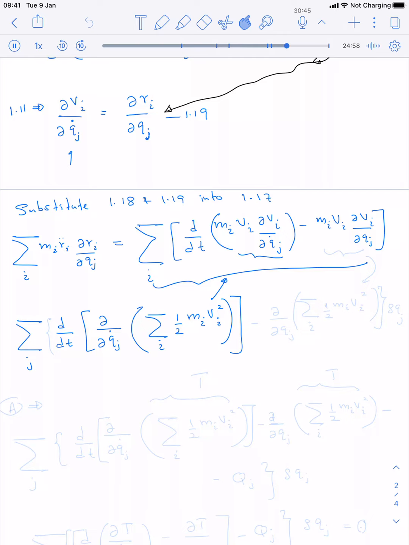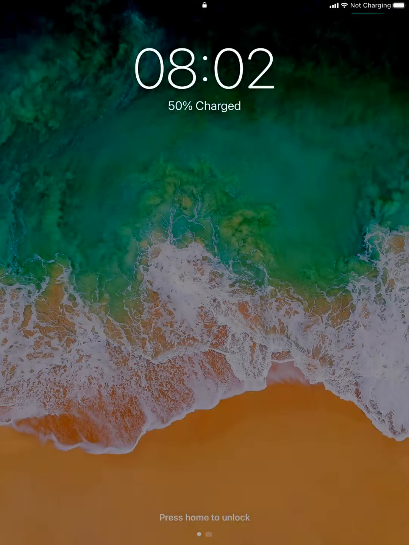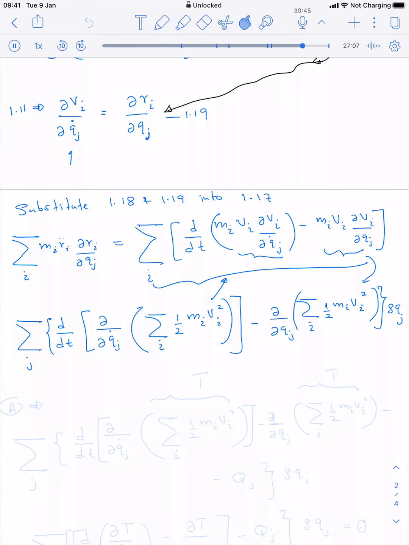And then in a similar fashion, I can write the other term. Now combining 1.15 and 1.16, you can rewrite expression A, which is the D'Alembert principle, using these new terms.